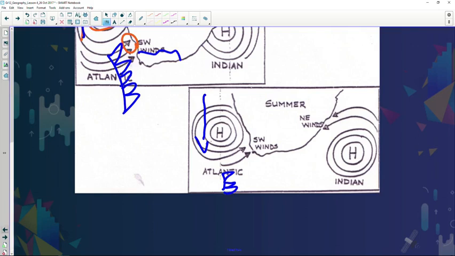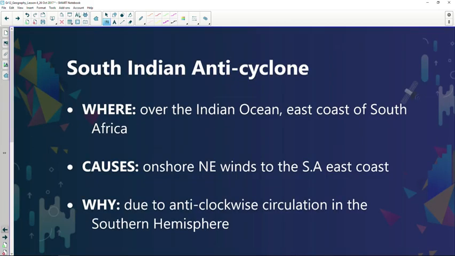Now if we quickly look at the South Indian high pressure, the basics are exactly the same principles as the South Atlantic anticyclone. Where does it form? Over the South Indian Ocean. Keep in mind, the difference between the South Atlantic anticyclone and the South Indian anticyclone is the ocean currents. On the west coast is a cold ocean current known as the Benguela, and on the east coast we have the warm ocean current, namely the Mozambican current.